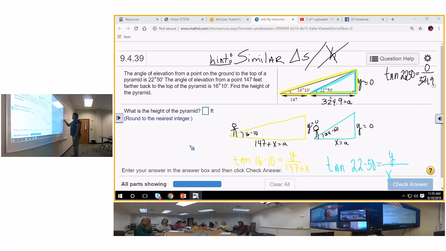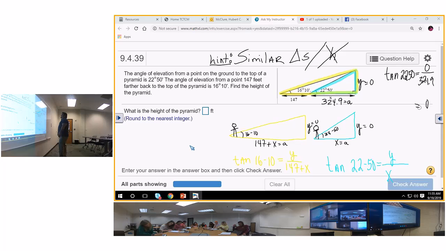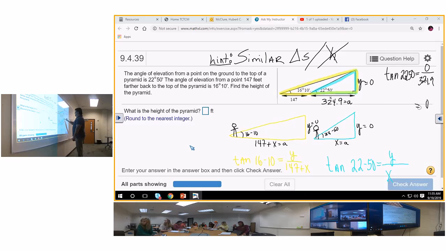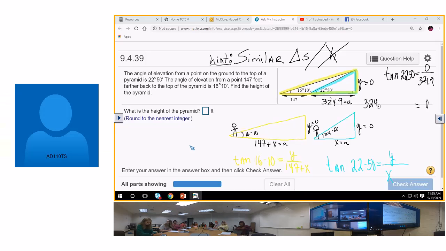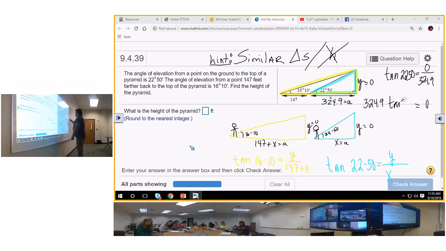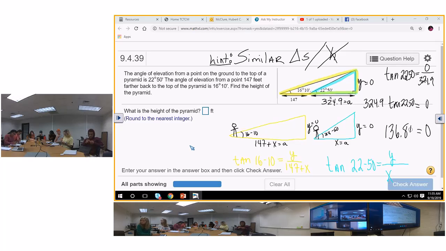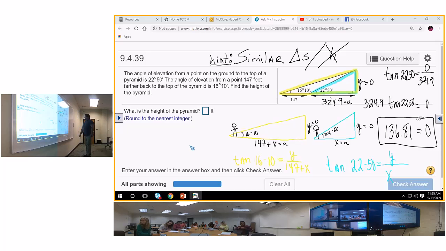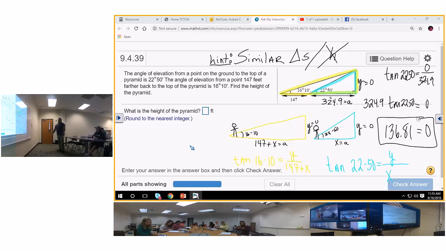So somebody tell me what 324.9 times tan of 22.50 is. 136.81. Somebody verify that? I got that. Okay, so we know that the pyramid is 136, which is not very big, it's not Egypt.